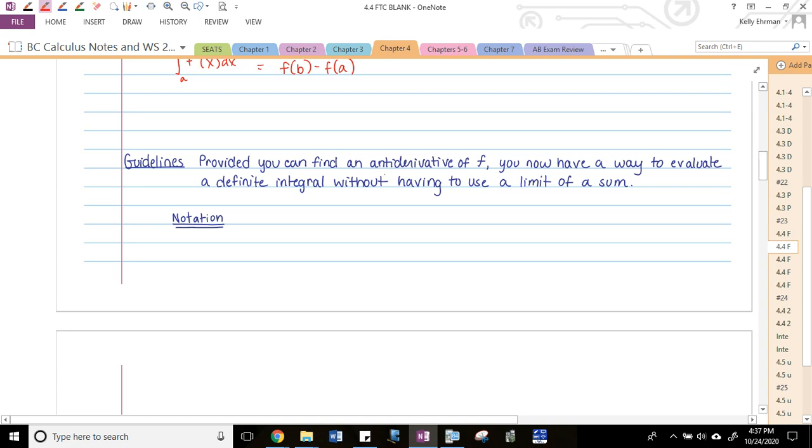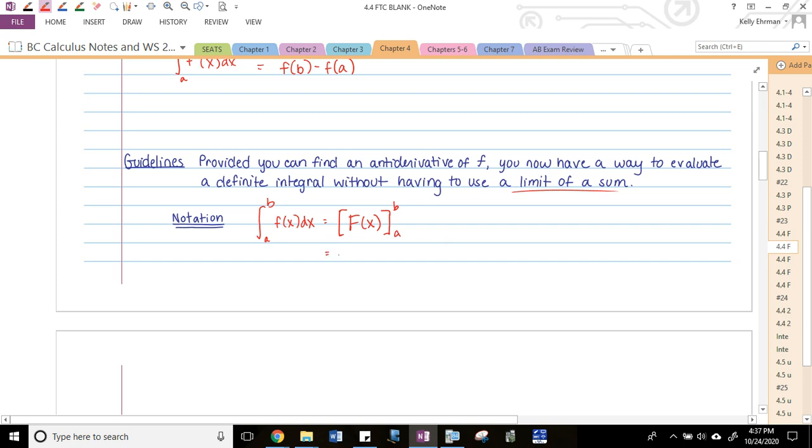So as long as you can find the antiderivative of f, now you have a way to evaluate a definite integral without having to use that big limit process. So that's exciting. Some notation that we want to be familiar with: the integral from a to b of just any f of x dx is equal to the antiderivative, capital F of x, whatever equation you get for that, evaluated from b to a.